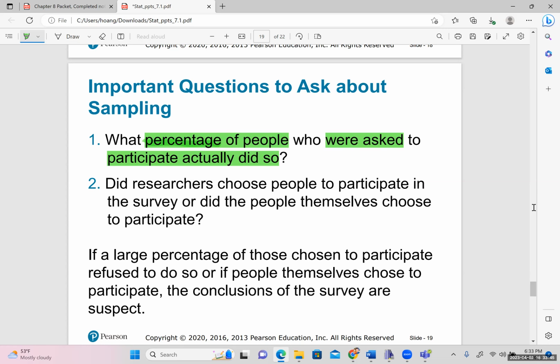This will tell us if the sampling becomes biased, right? If a large percentage of those chosen to participate refuse to do so, or if people themselves choose to participate, the conclusions of the survey are suspect, right?